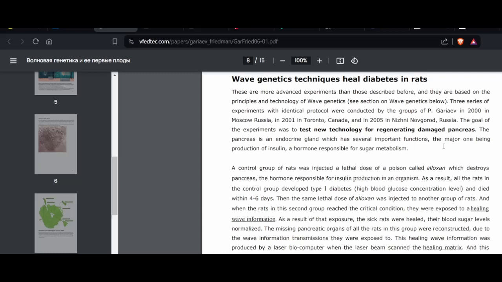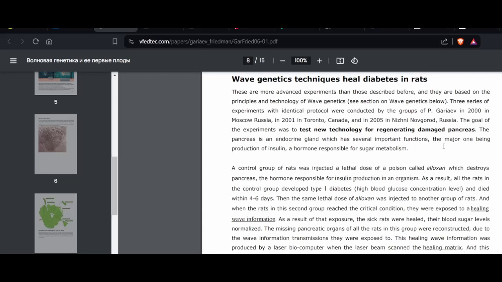You don't have a pancreas, you're going to have diabetes, you're going to die. So the experimental group was given the same dose of that poison, but at a critical condition, right at the point of no return, right at that cusp where you're about to die, they were treated with, quote, a healing wave information.